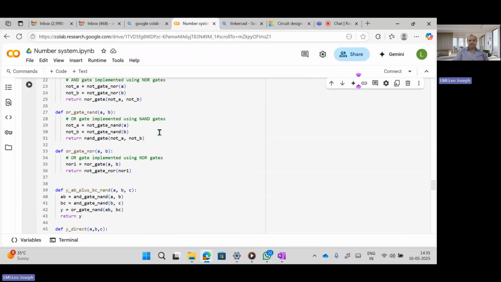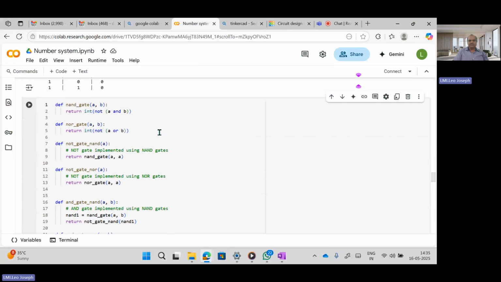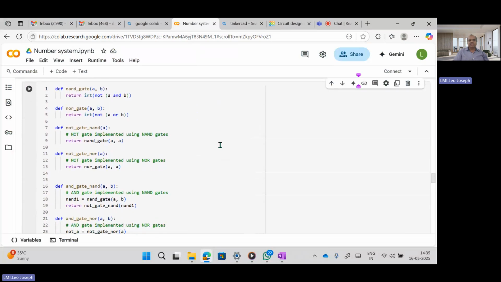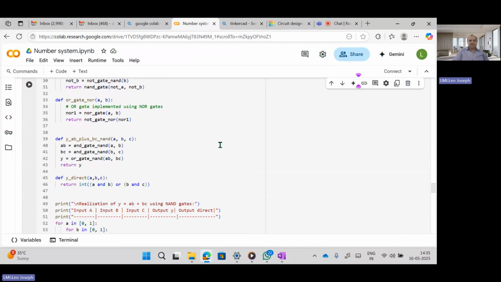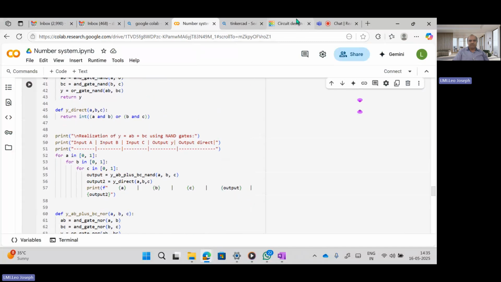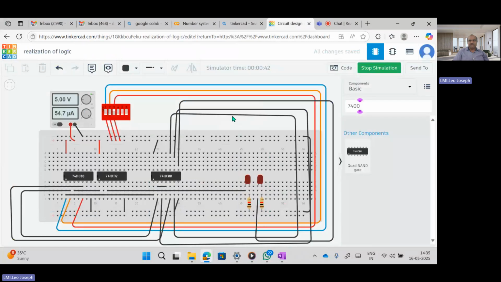So in this course, we teach you both coding as well as implementation skills, so that anyone is able to write code in Python, as well as implement any circuit using Tinkercad, and verify both the truth table as well as the function of the IC in a real-time manner. This is how we can realize any circuit using online tools.